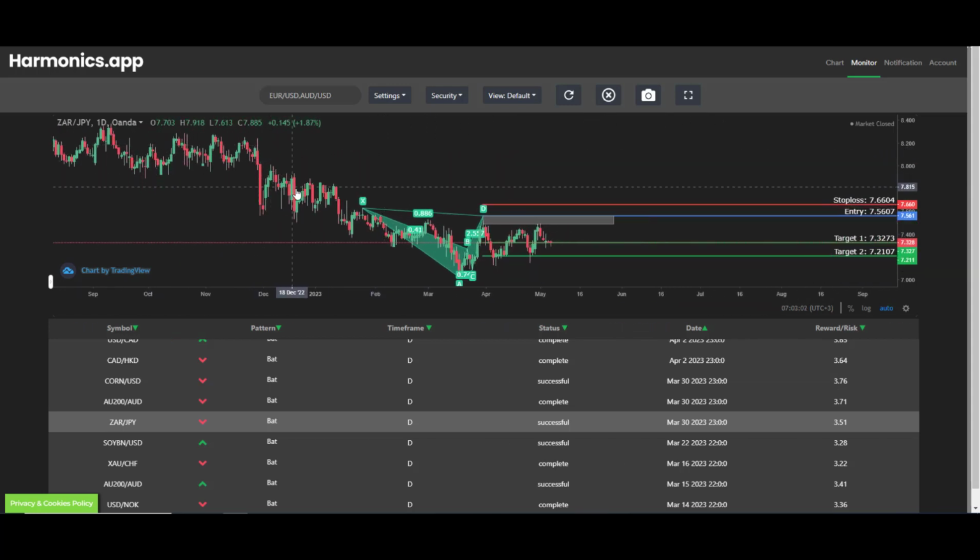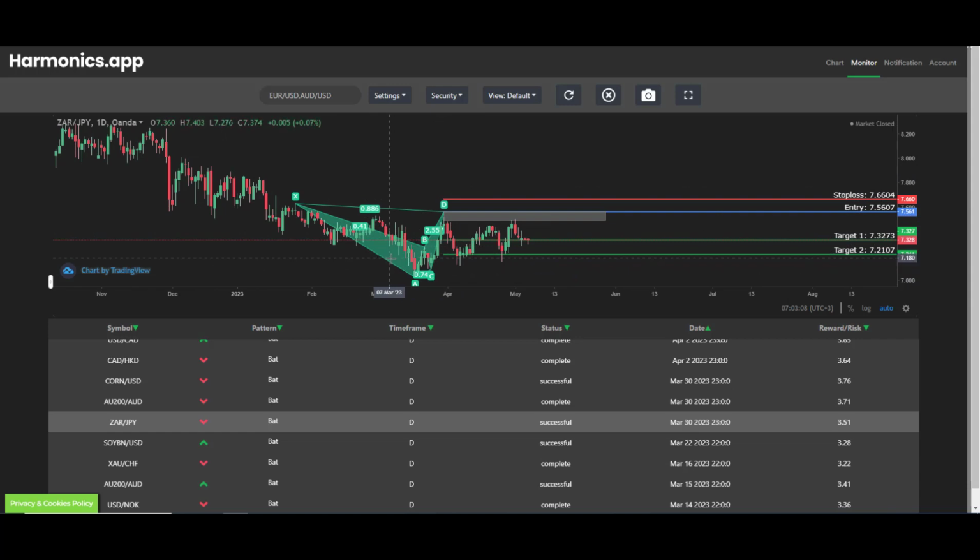You can see that the price is going down, the X point and A point are in line with the trend, and then we have a D point which is right here where the previous high is, which means this is a resistance for the price.